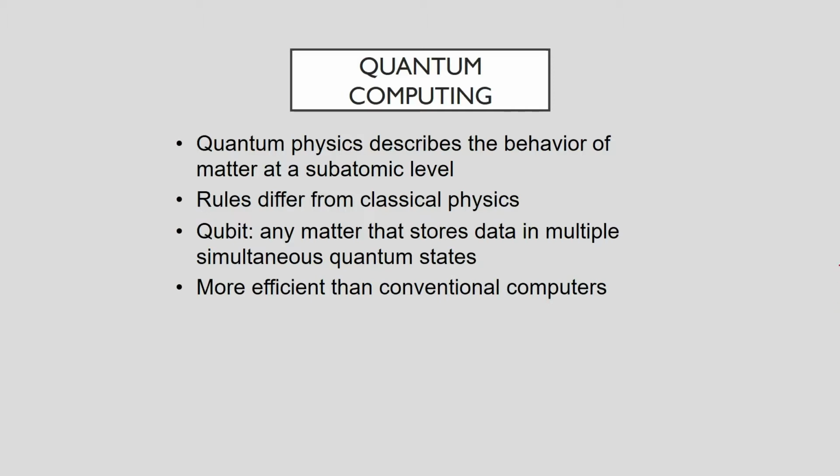So quantum physics describes the behavior of matter differently at a subatomic level. In a modern digital computer, data is represented by a group of bits, each having a clearly defined binary physical state.